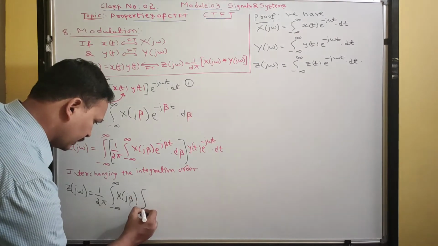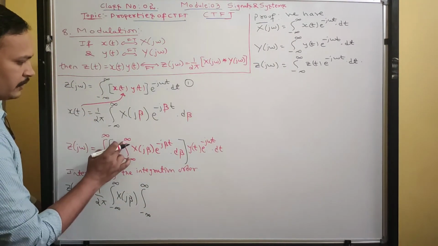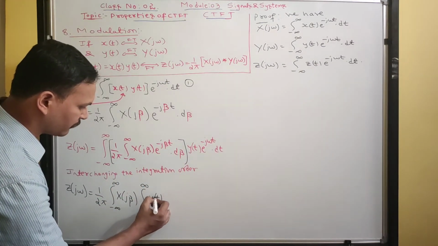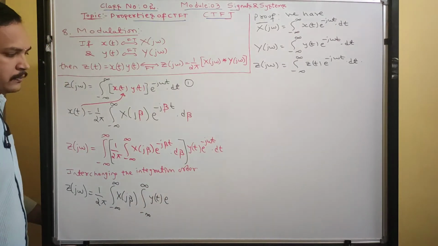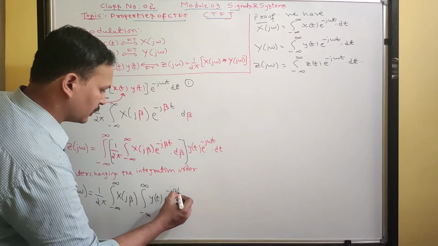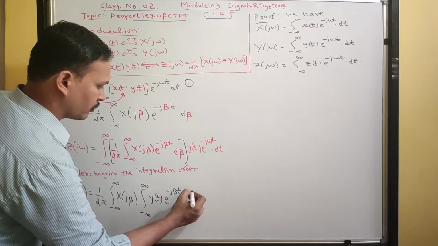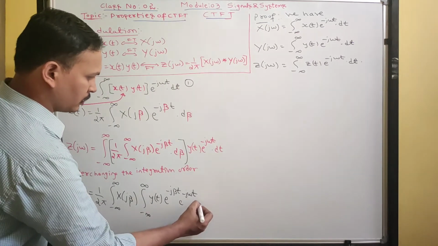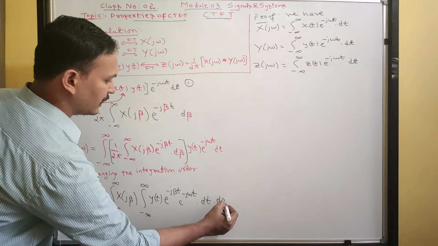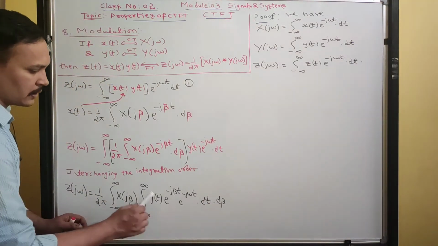Then again integral minus infinity to infinity, what is left now? y of t into e to the power of minus j beta t into e power minus j omega t into dt into d beta. This is what I can write.